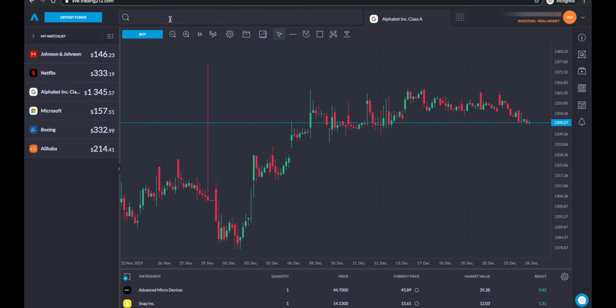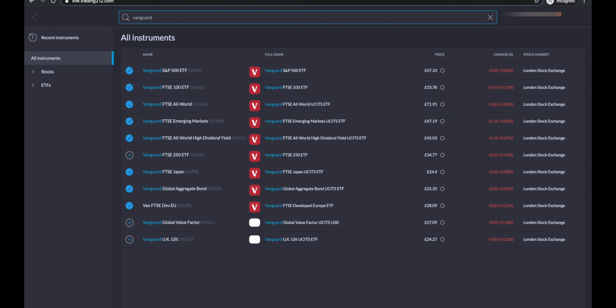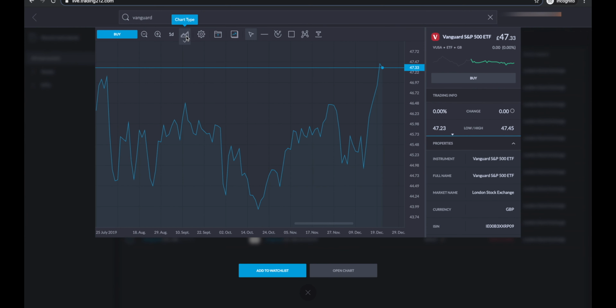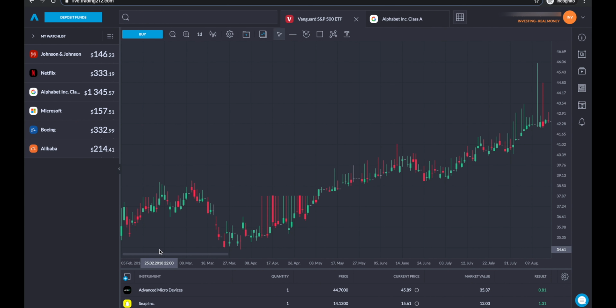On the Trading212 platform, we can see some examples of an ETF. If I type in the keyword Vanguard, we can see a whole list of ETFs. If we take the most well-known, the S&P 500, and open up the graph, here we have an ETF that tracks the top 500 US-based stocks. Back in early 2018, the price was just under $35.